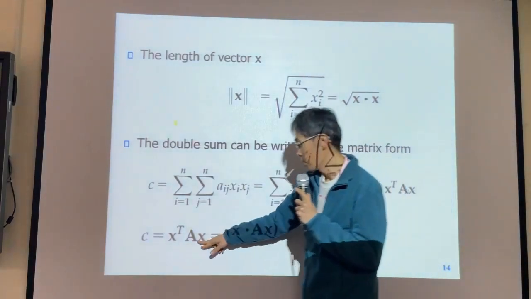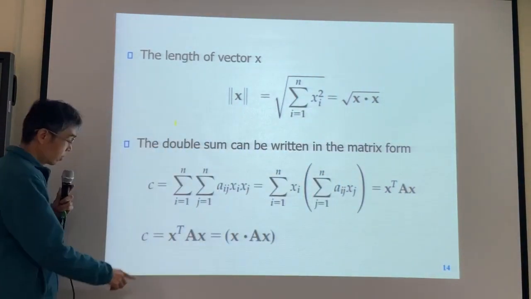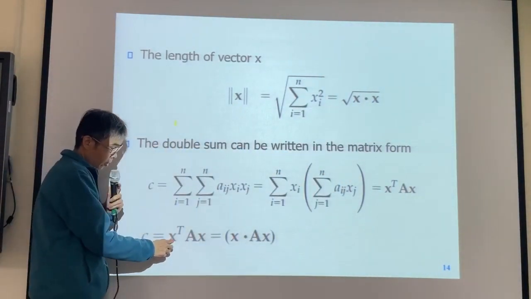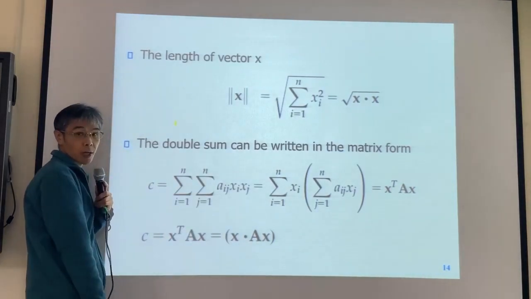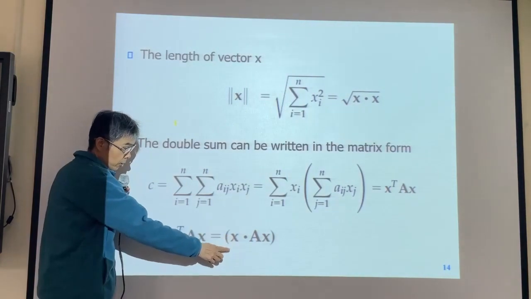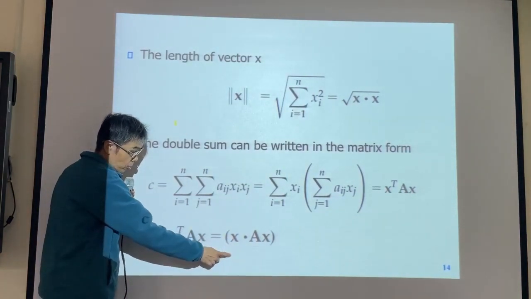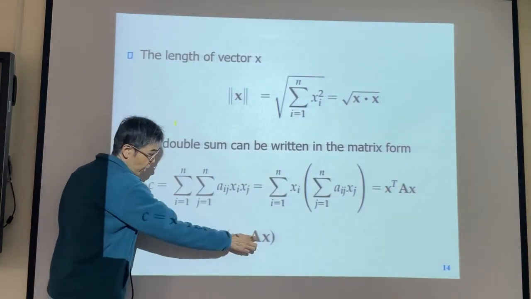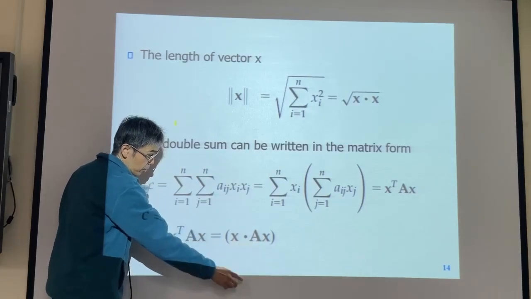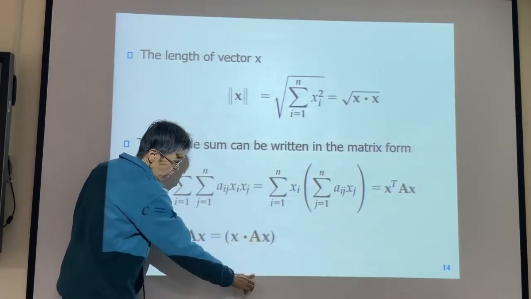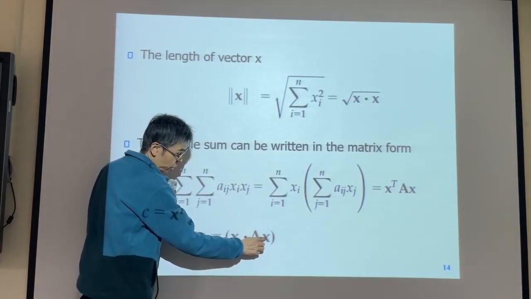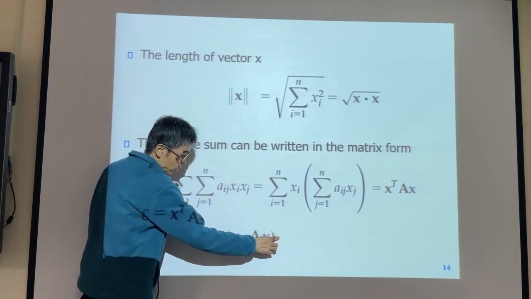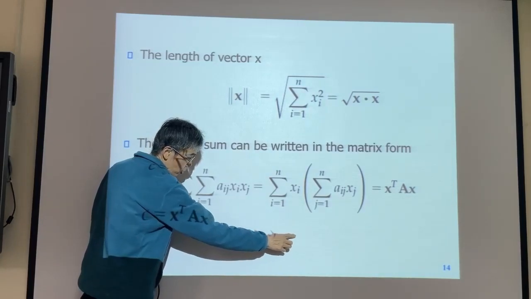And this one, see, x transpose Ax, this is inner product notation. So x is x1, x2, x3, and A times x, it's a 3 by 3 matrix, is a11 x1 plus a12 x2 plus a13 x3.